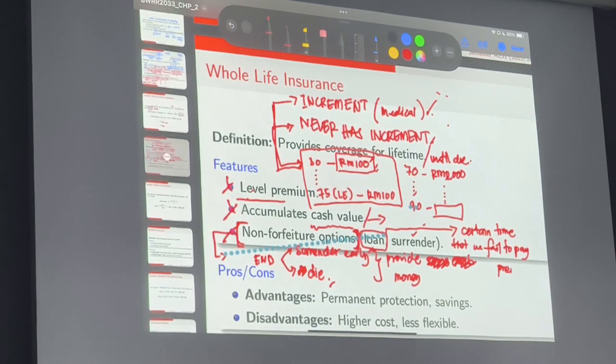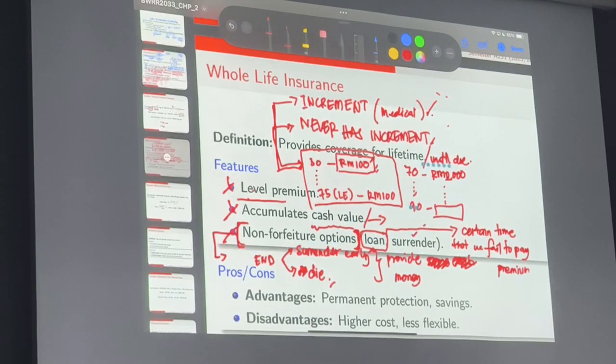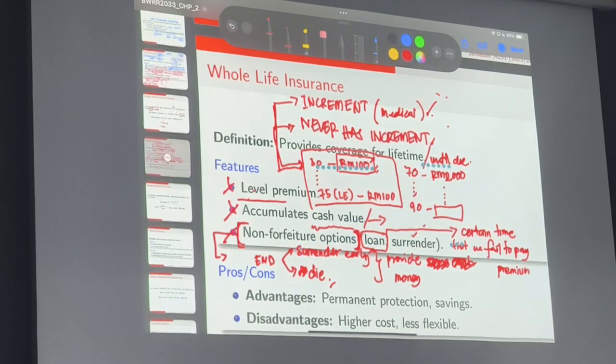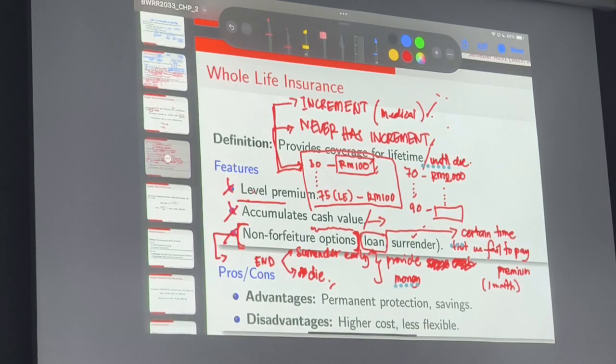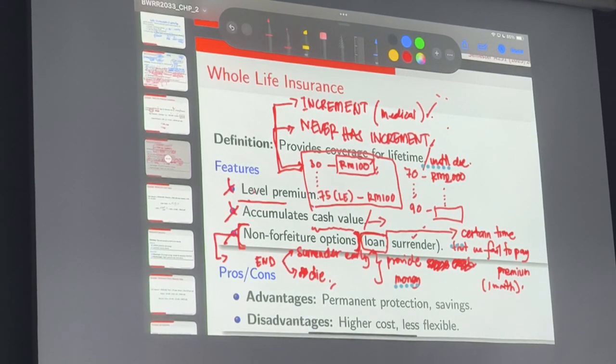Okay, let's say we are short of money at that time and we fail to pay the premium. For example, one month we don't pay the premium. So where does the loan come from? The loan is from the cash value that we have accumulated.